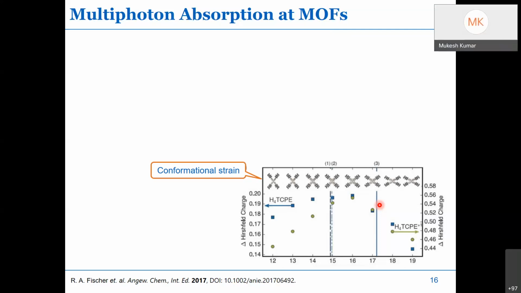Sir, I wanted to know, in the normal condition, the single photon absorption takes place. So why does the multi-photon absorption take place? Please explain quantum mechanically. Quantum mechanically, being honest, I'm not an expert in that direction, because I'm basically a chemist.